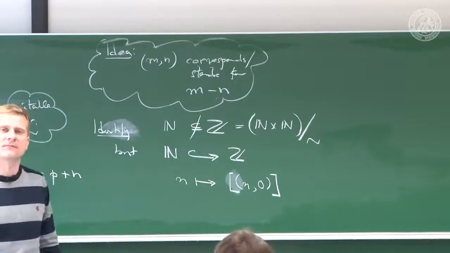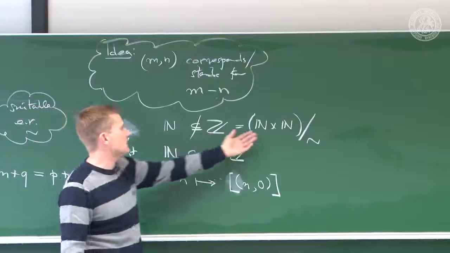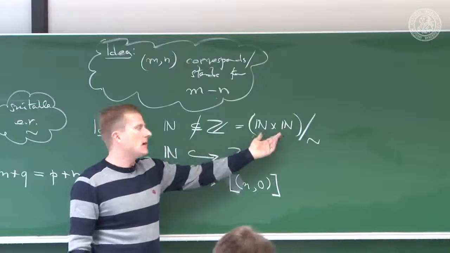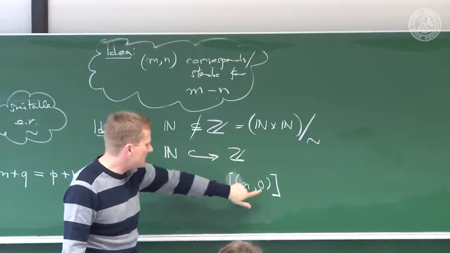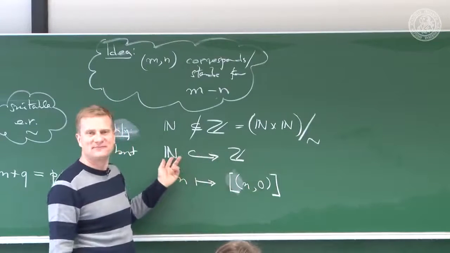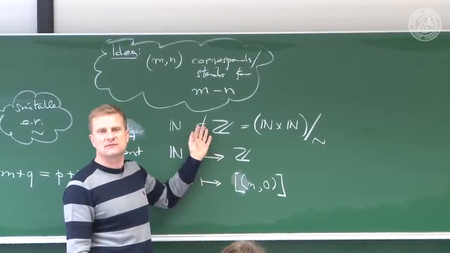Yes? Can you then strongly say that N is a subset of Z? No, strictly speaking not, because this has a totally different structure. Yeah. But you can make this embedding and say these are actually the elements of N. Redefine the elements of N, and then they are a subset.